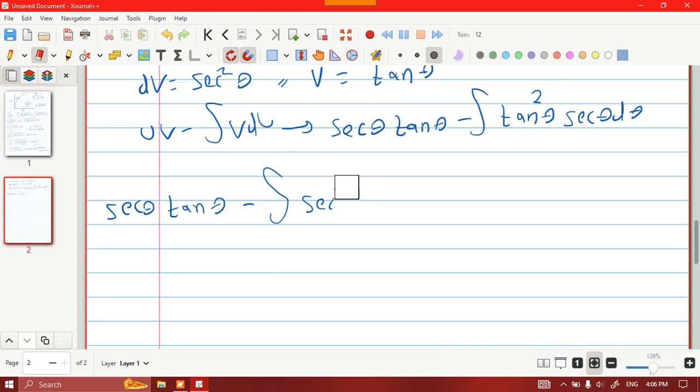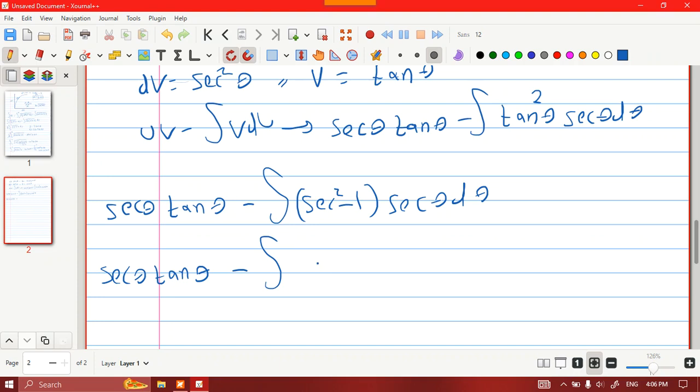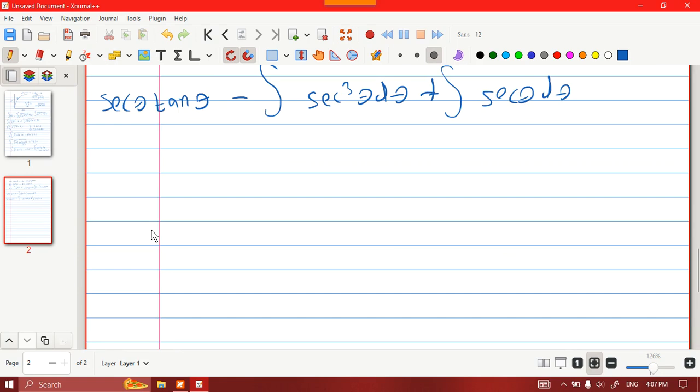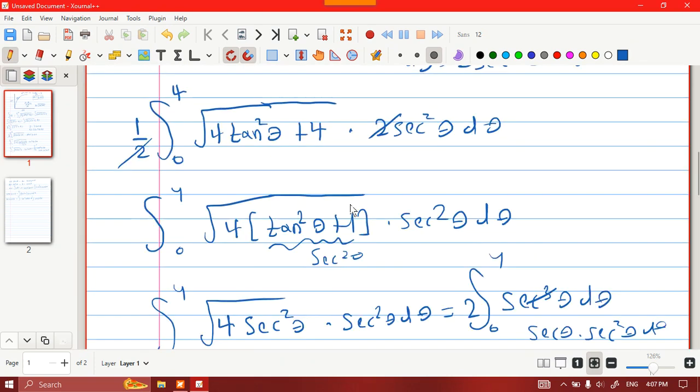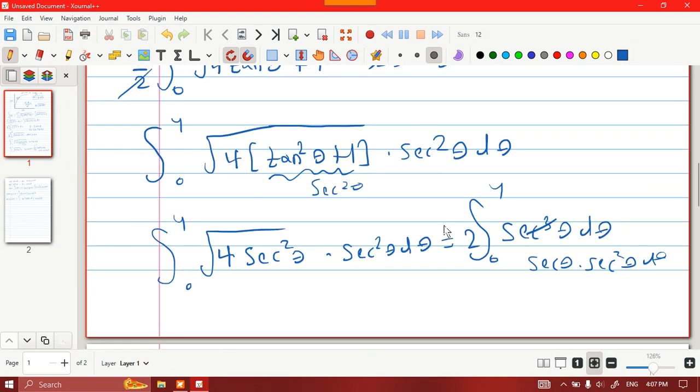Okay, secant squared theta minus 1 times secant theta d theta, minus the integral of secant cubed theta d theta, and minus 1, which is plus 1, so plus secant theta d theta. Having this expression, actually I have two here which I forgot. I'm going to use it right there.